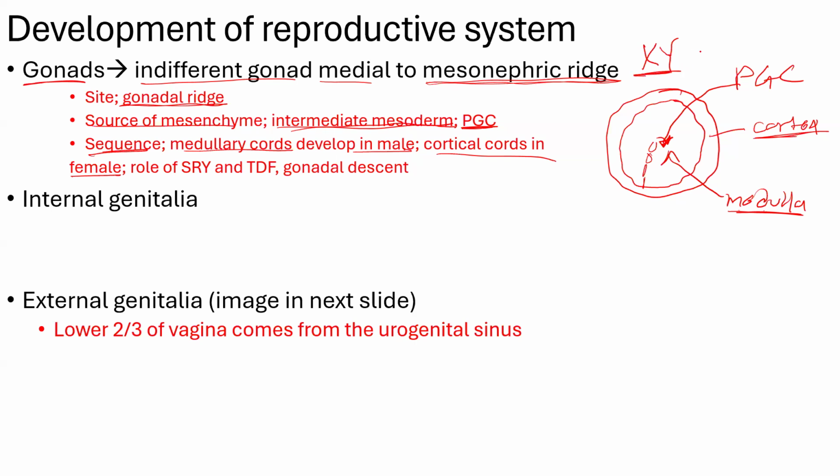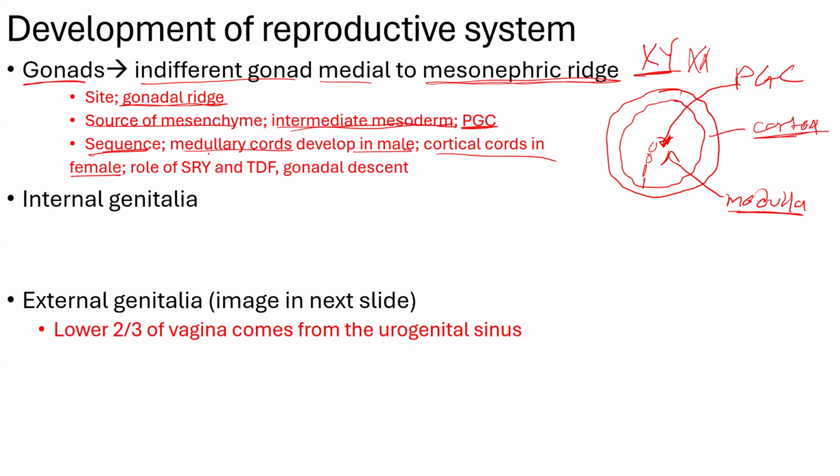What about if the genetic sex is XX? Now, in a person whose genetic sex is XX, the cortical cords will be retained, whereas the medullary cords will undergo involution. Okay, so you need to understand that one key difference in the development of the gonads in males versus in females. Now, why is it that this is happening?